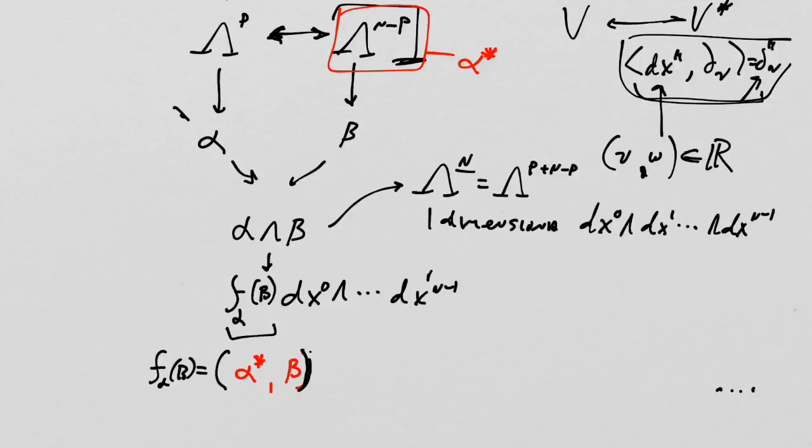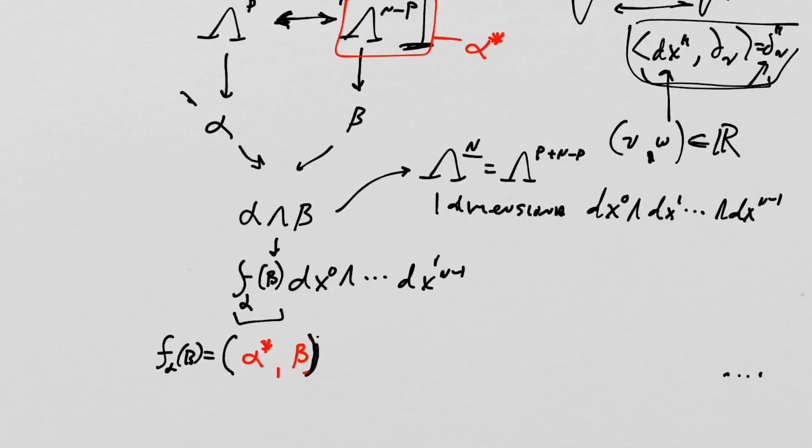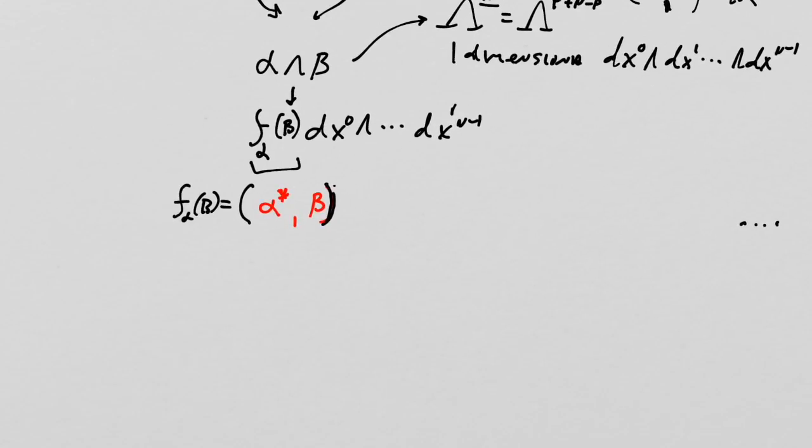So we want to learn how to find the Hodge dual of any underlying exterior power p. So how might we do that? We might start, as an example, let's take lambda, the second exterior power, and the first exterior power.